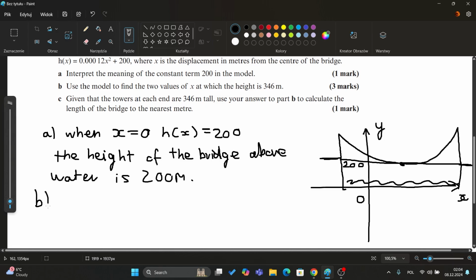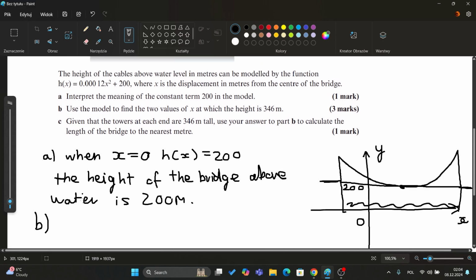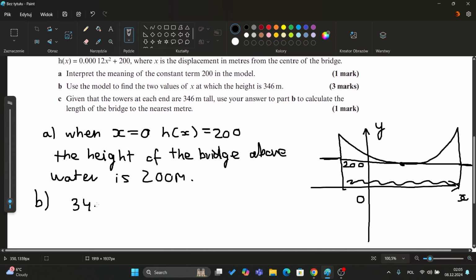Now we're going to answer part B, use the model to find the two values of x at which the height is 346 meters. So when the height is 346, then we have to find our value of x.